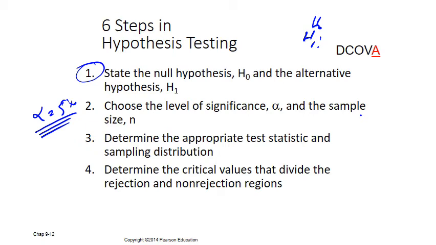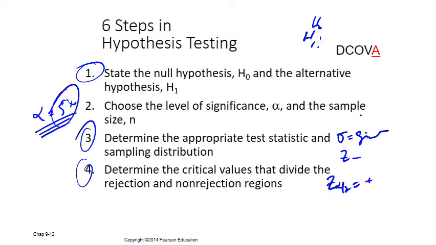Determine the appropriate test and sampling distribution. If sigma is given, then you will use the z-test, which we are discussing now. Step 4, determine the critical value. Critical value z alpha by 2 for 5%, we know that it is plus minus 1.96 from the table.